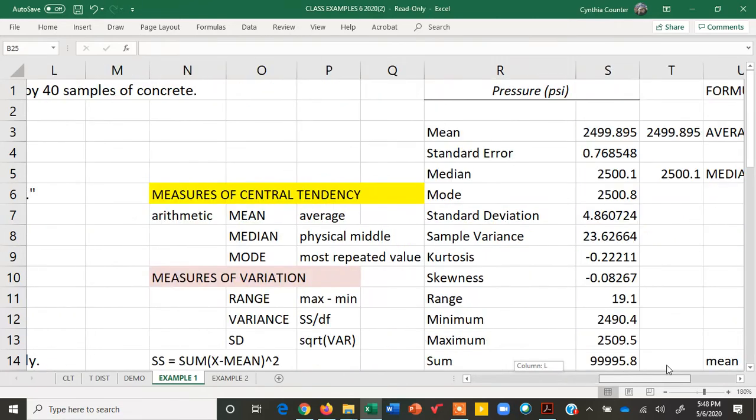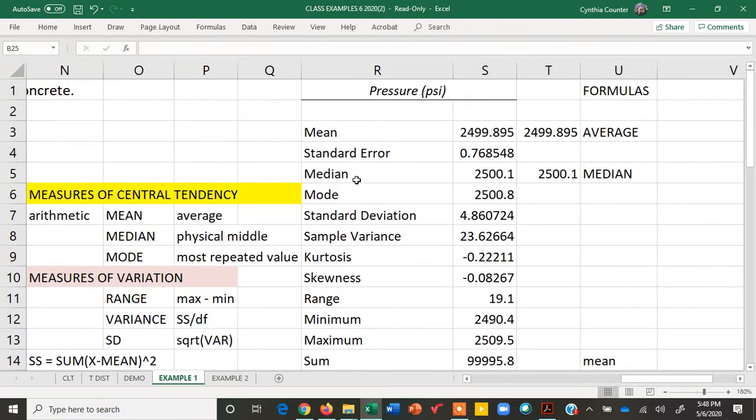The thing here with this mode output is that it will give you only 1 repeated value, the smallest one, basically the first one it encounters as it scrolls through the list from smallest to largest values. So it's possible that you have more than 1 mode, and that was just the smallest value of the mode.